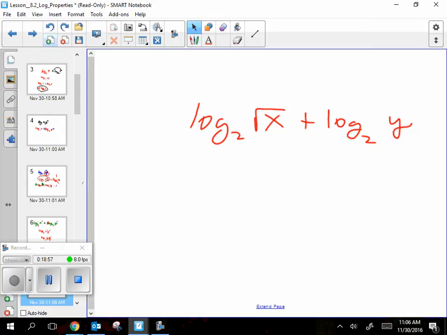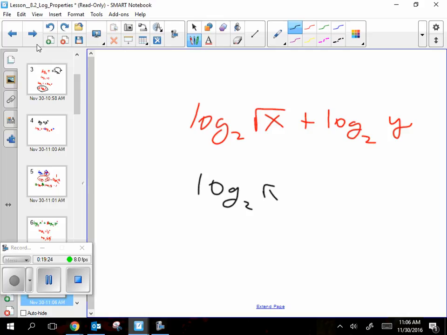Condense. Yes, I went there with the square root. Sorry. Isn't this just log base 2 of square root of x times y?